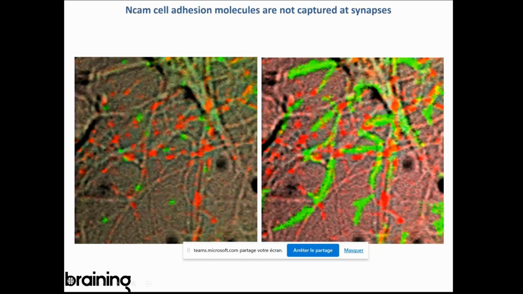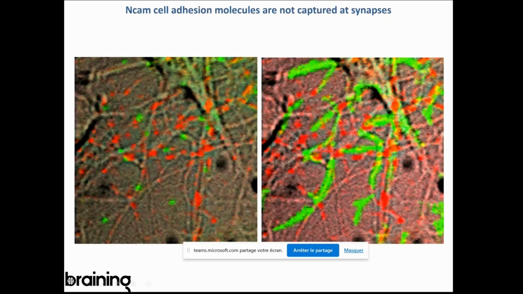All right, so this was to show you also that if you label a molecule that is not supposed to be enriched in the synapse, like the receptors, for instance an adhesion molecule, NCAM here, you can see on the trajectory that it explores the synapse the same way as the extrasynaptic membrane.